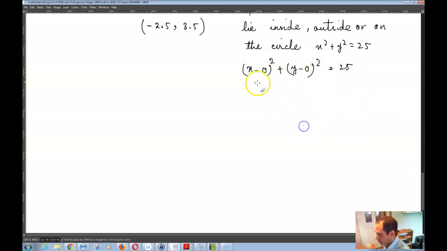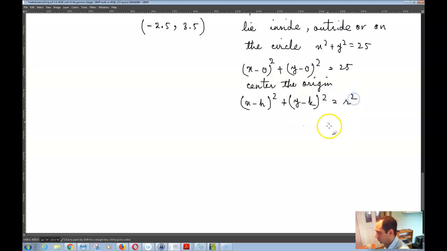And since the center is the origin, this is now r squared, because you have x minus h whole squared plus y minus k whole squared is equal to r squared. So that means that your r squared is equal to 25, which means that r is equal to 5.